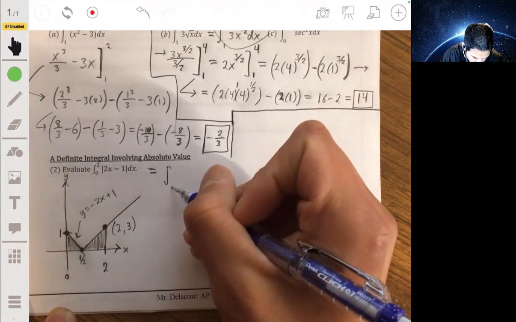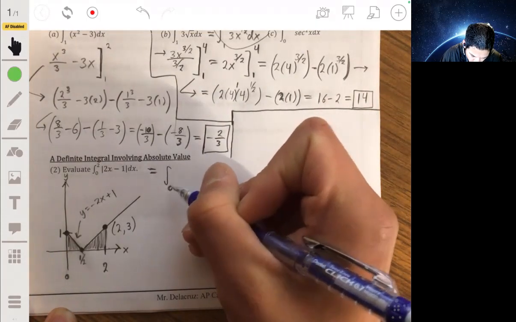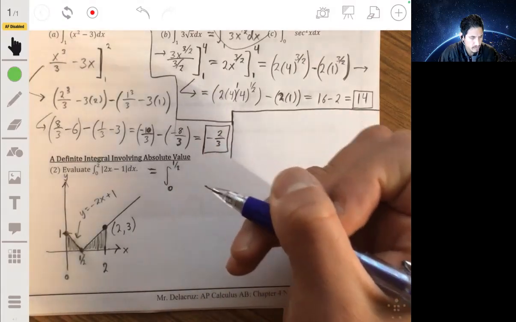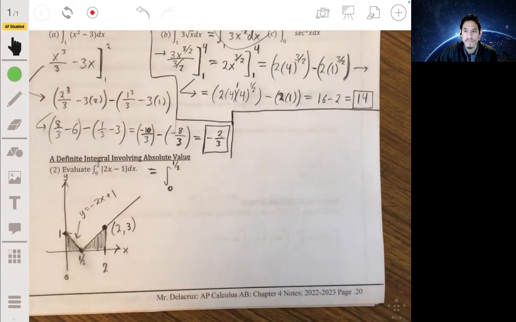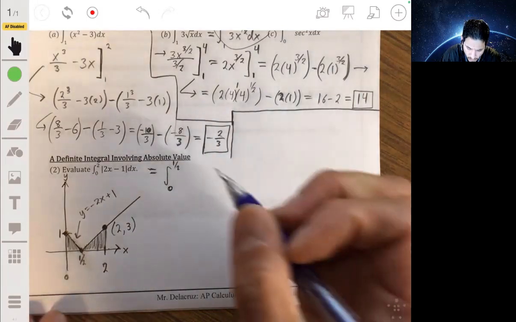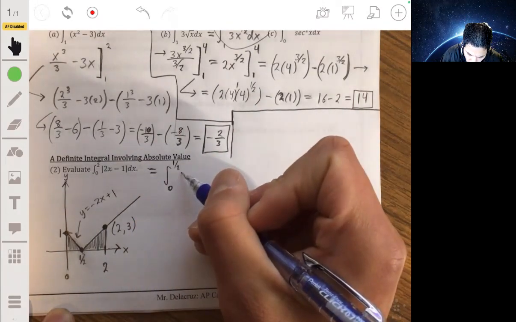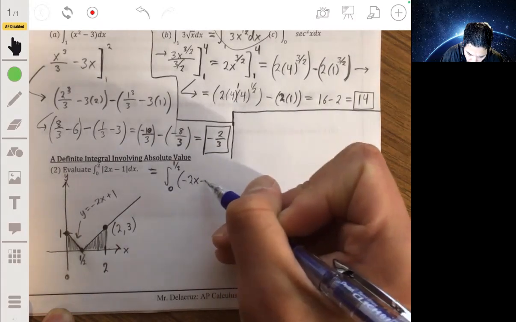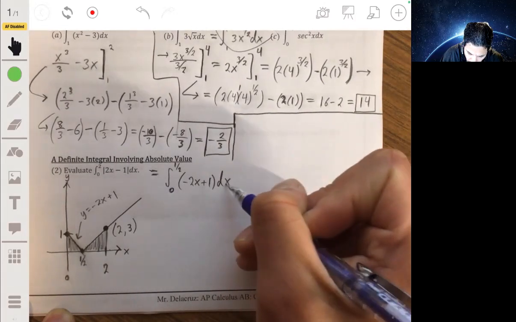And then let's look at this first. This first part will be from 0 to 1/2, and then we have negative 2x plus 1 dx that we're going to evaluate.